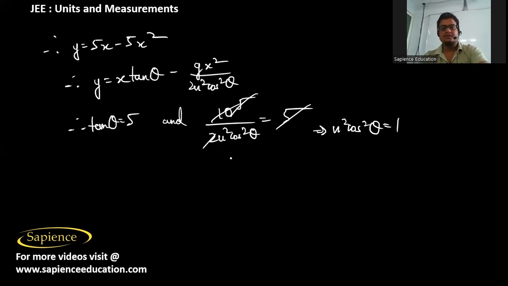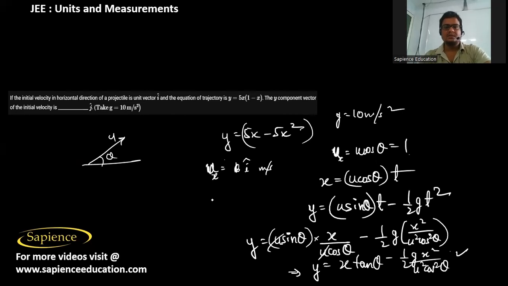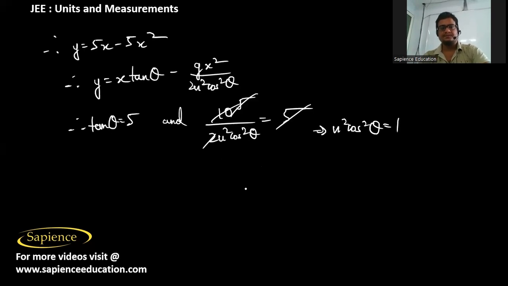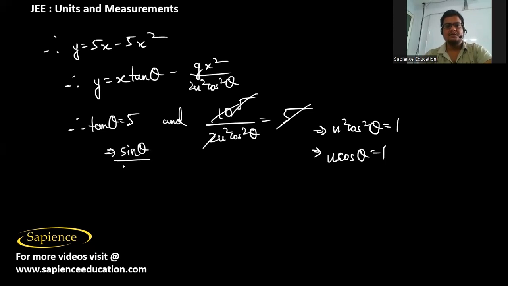The y component we have to find. Y component u_y is u sin theta, which has been asked. So u cos theta is also 1, and tan theta is 5. So sin theta by cos theta is equal to 5.